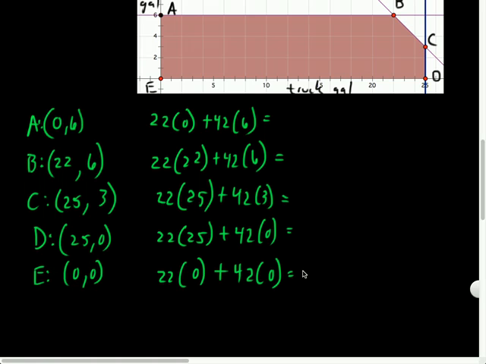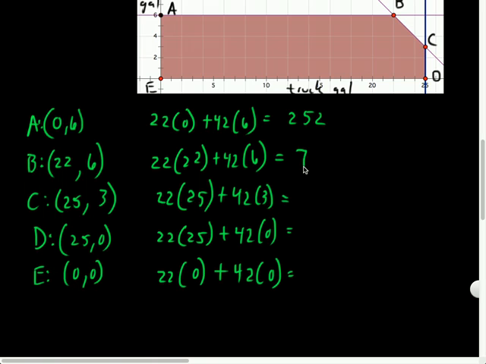Let's see, so 42 times 6 is 252 miles. So that actually is how far the motorcycle can go on a full tank. And then 252 plus 22 times 22.